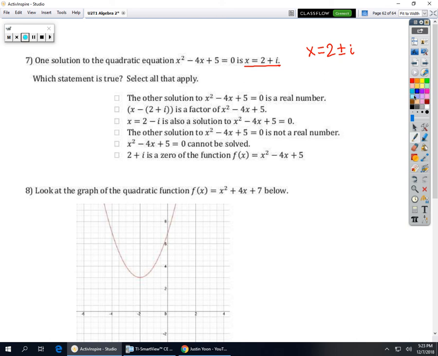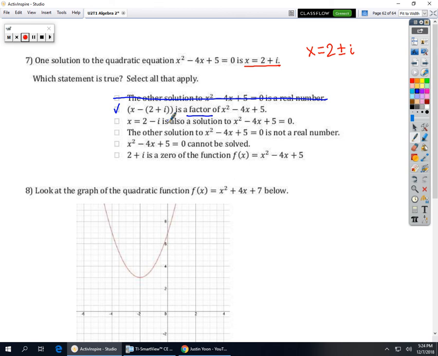So let's go through this list. The other solution is a real number? Absolutely not. We know it's the minus i, so that's not true. So I'm just going to cross that out. What about this one? x minus 2 plus i is a factor. This one is true. Remember, all the answers can be written as factors like x minus this.